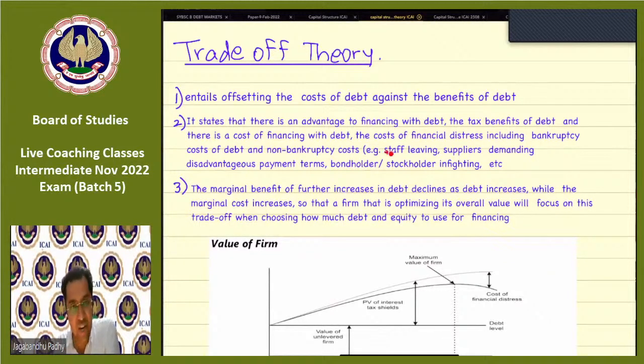There may be a case that staff may be leaving, suppliers demanding for early payment, or bondholders or stock shareholders infighting. So all these things may happen once the financial distress sets in.